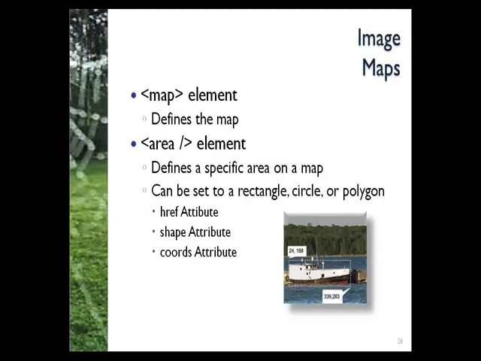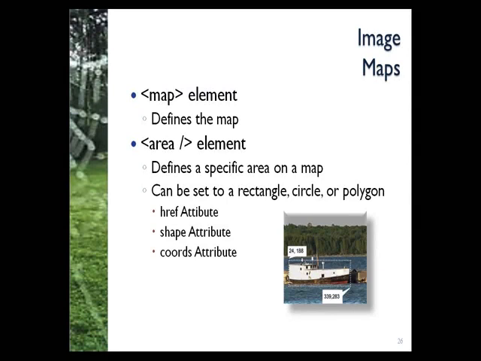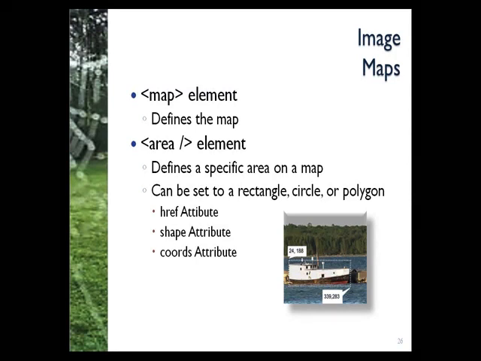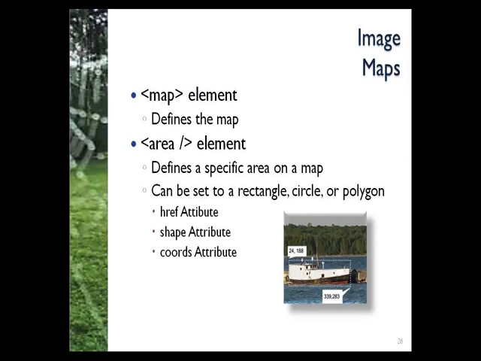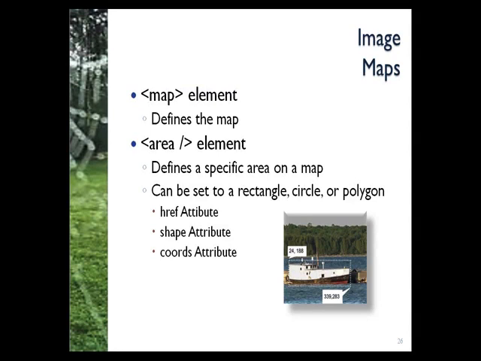Image maps allow you to define certain portions of a picture to have a hyperlink that is unique from other ones, so that different sections of the same image will, when clicked, go to different locations. This used to be a real common way that people would design navigation. It's sort of fallen out of favor for various reasons, but it is a possibility that's in there.